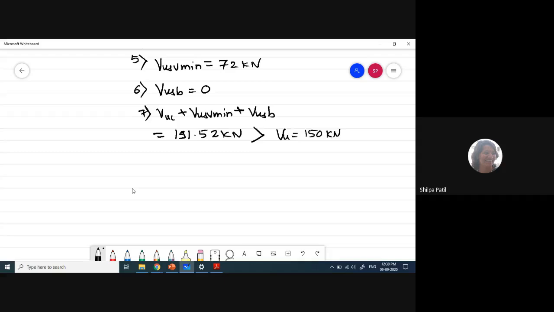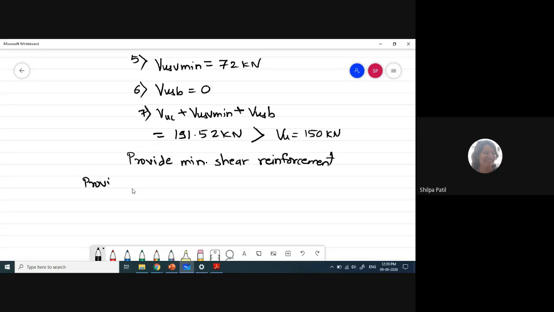So there is no need to design the shear reinforcement. Write down, provide minimum shear reinforcement.